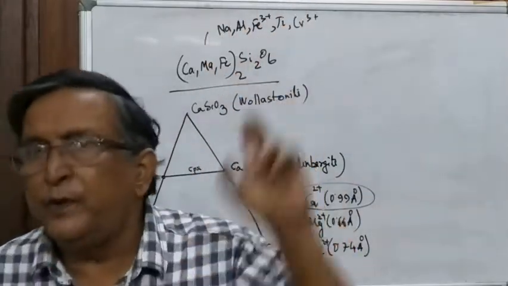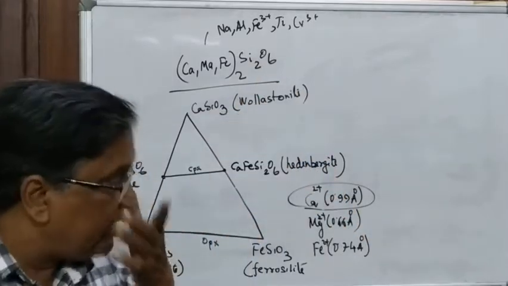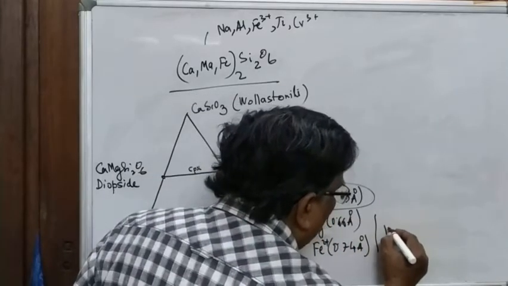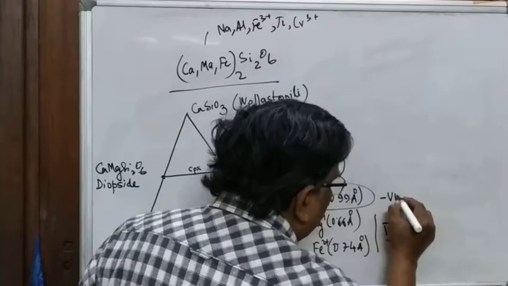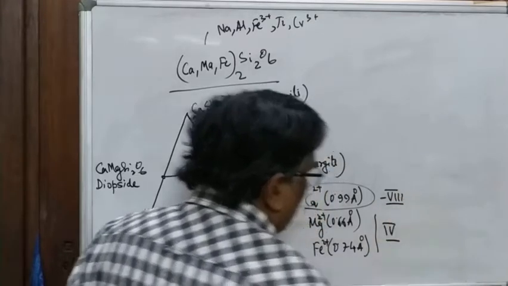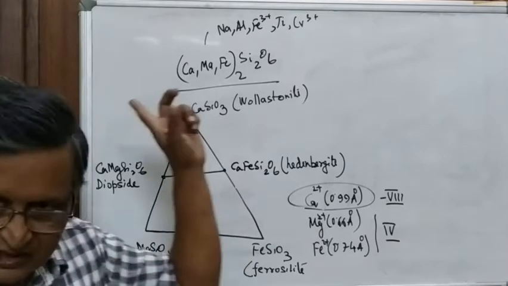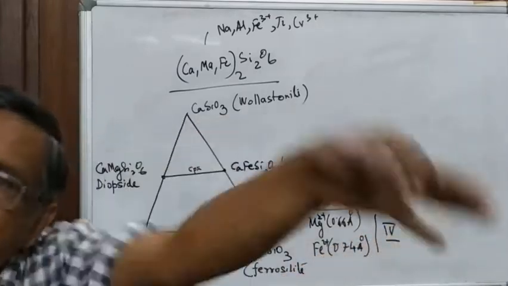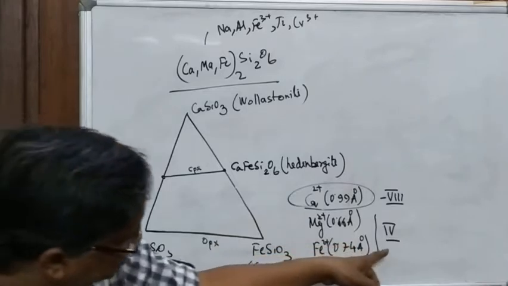And I just showed you in the last lecture, lecture 9, that magnesium and iron occur in 6-fold coordination, whereas calcium can occur in 8-fold coordination. Because of size considerations, calcium occurs in a different crystal site than magnesium and iron.